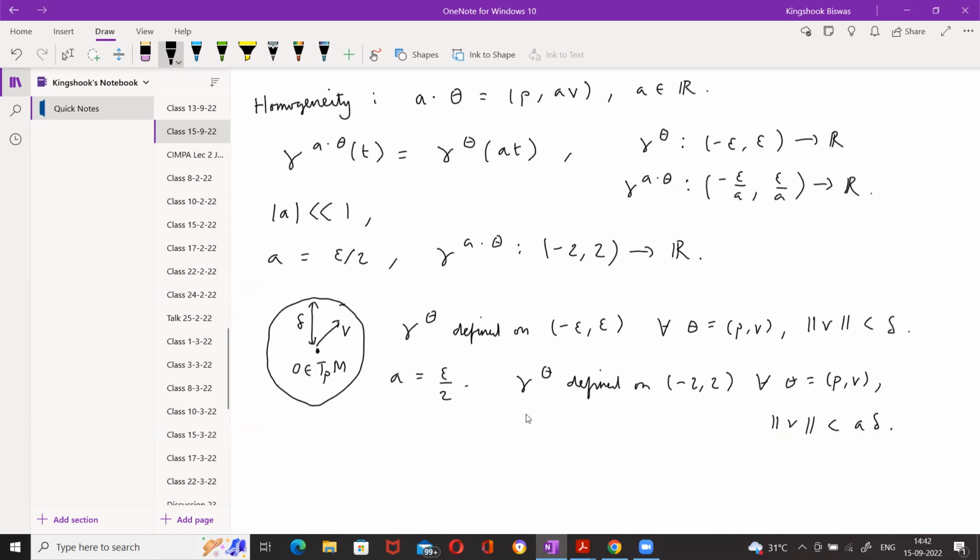And so then we can define what's called the exponential map on a subset of the tangent space at P, taking values in M, and basically it sends a vector V to the value of the geodesic with initial conditions P, V at time 1.